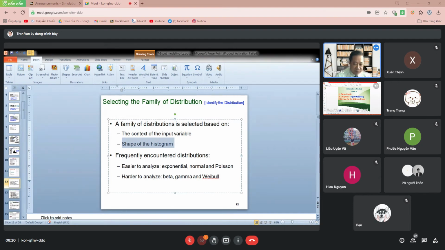You know the theory in detail. Later on, you can apply many software tools or you can code to identify and recommend the distribution. But now we just focus on theory basically.